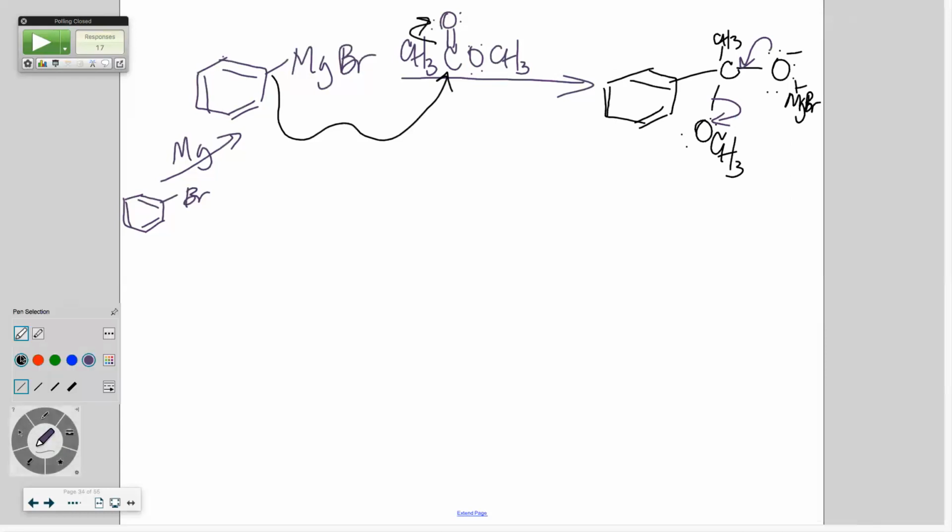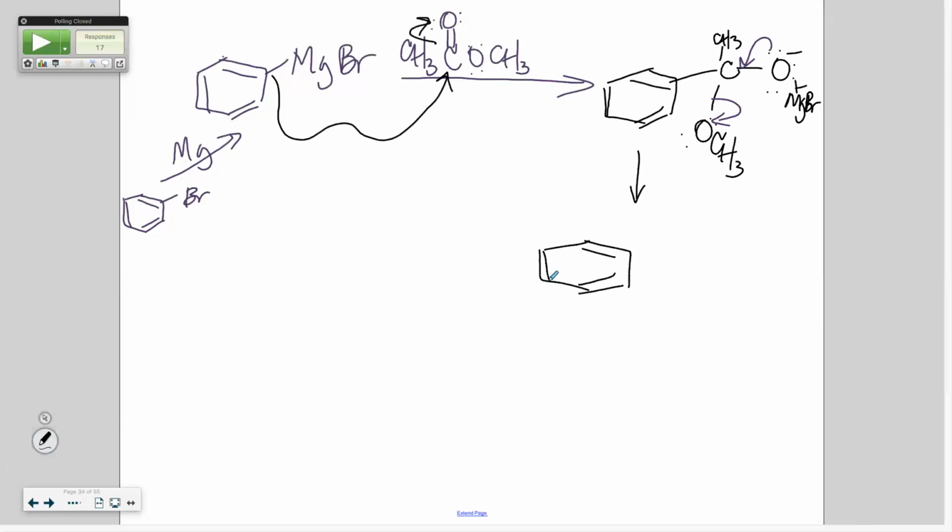Okay, so now where am I? What do we get? All right, so we have this, and it's attached to what? A C. What's on that C? A methyl and a double bond O. That O is now neutral, right?